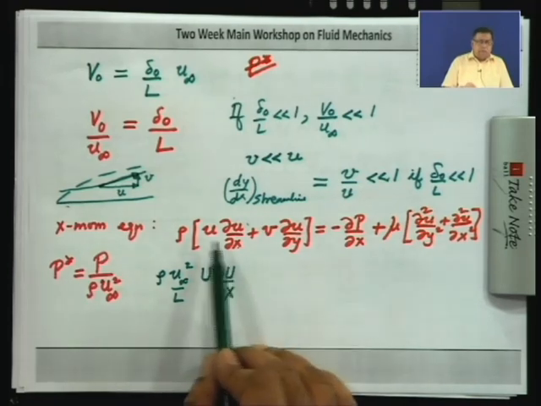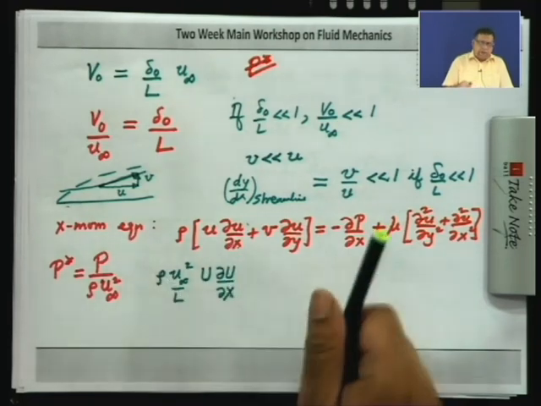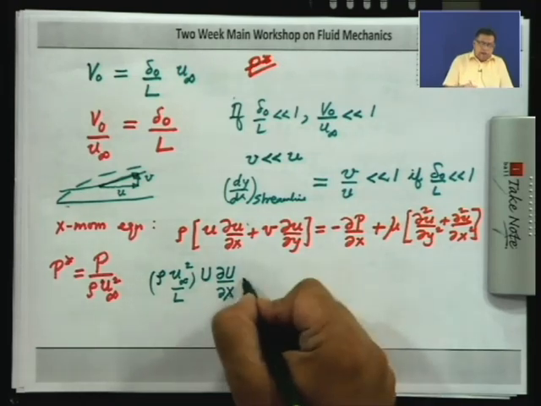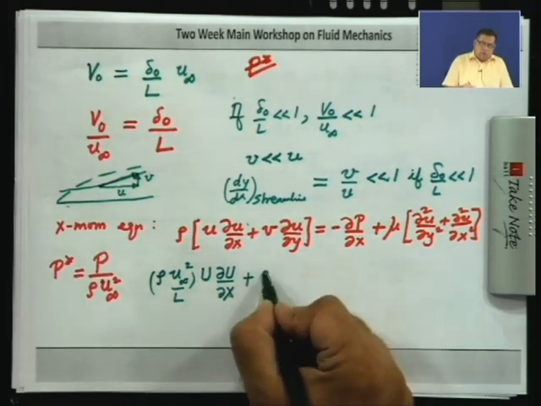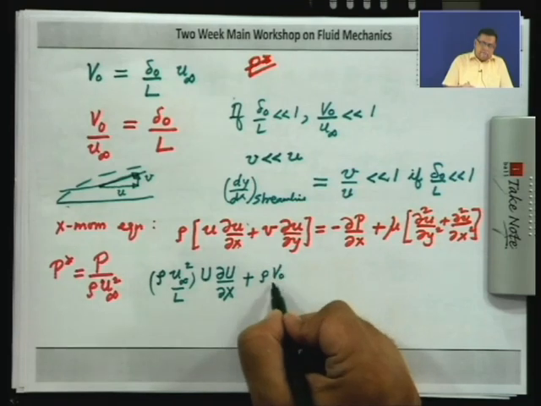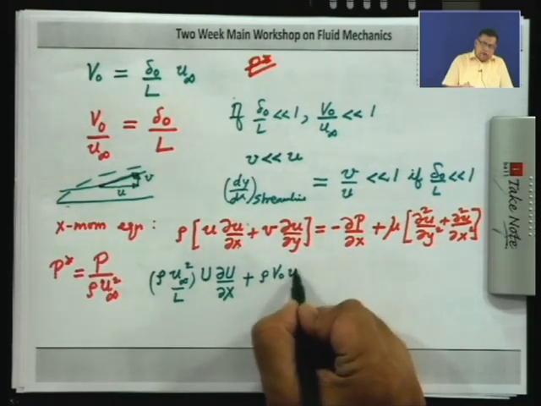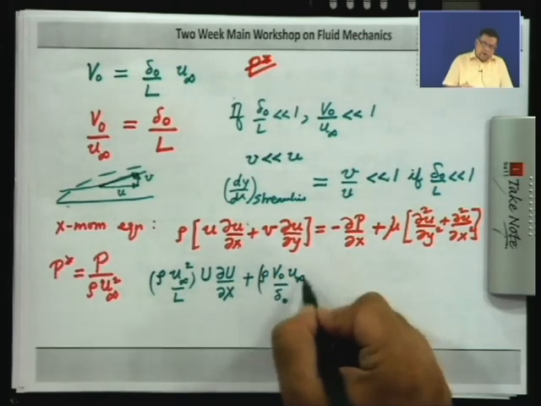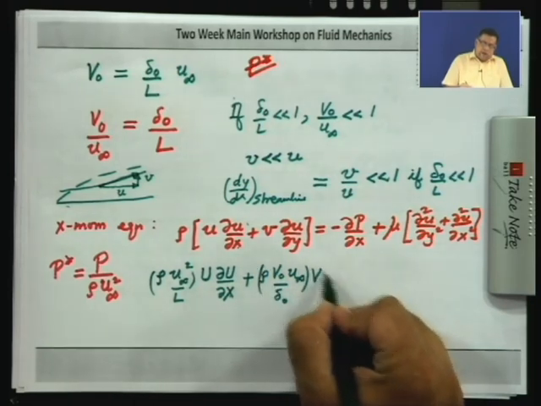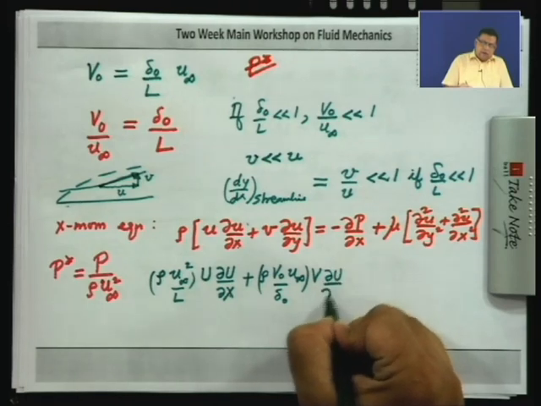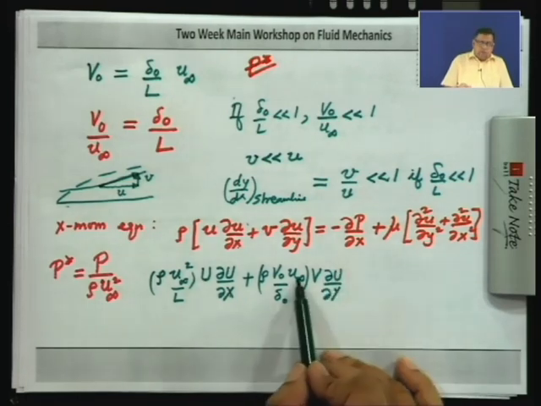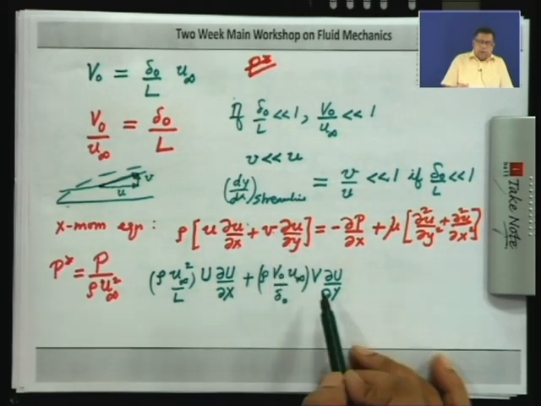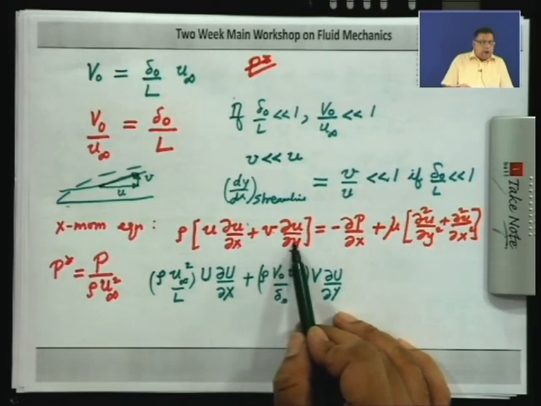So, the order of magnitude of the first term is reflected by this coefficient. Similarly, the second term will be rho v naught into u infinity by delta naught into capital V del capital U del capital Y. So, this u infinity has come from this u, this v naught has come from this v, and this delta naught has come from this y.